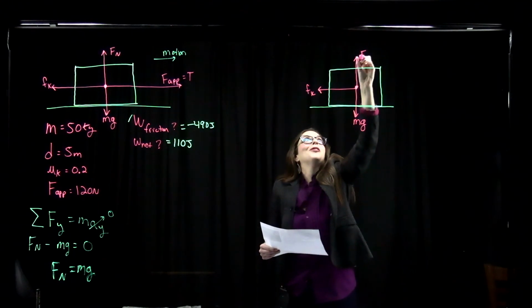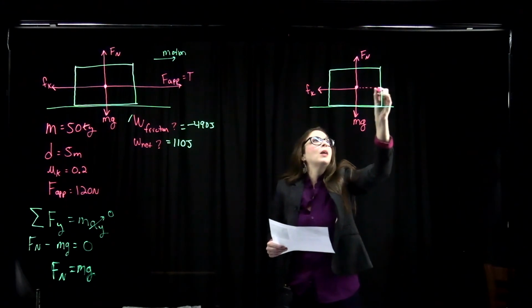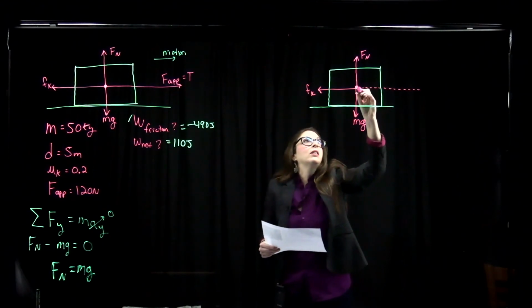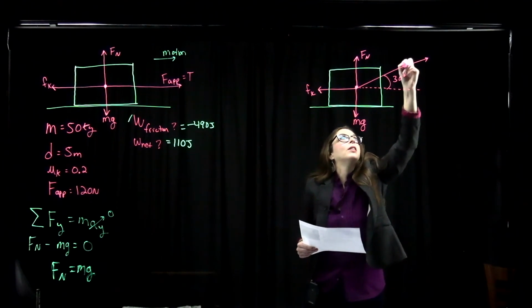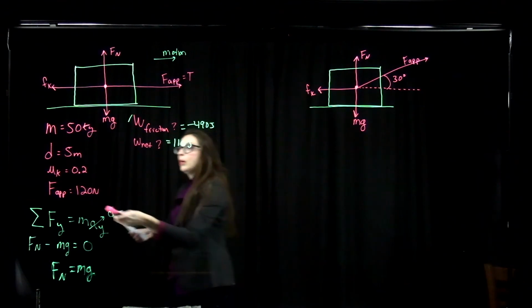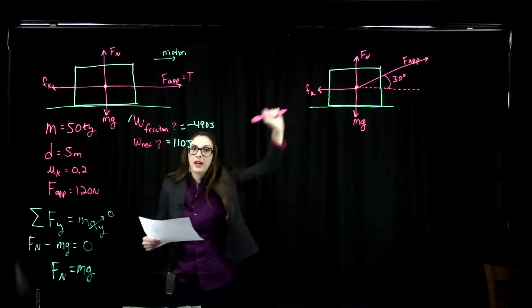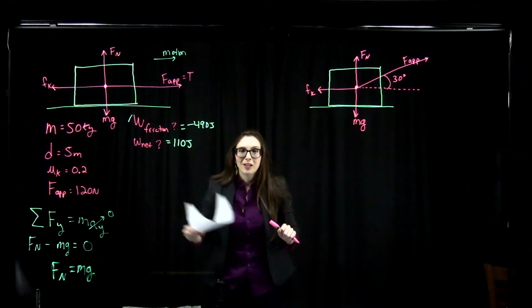We've got our normal force pointing upward from the surface. And this time, we're pulling at an angle of 30 degrees from the horizontal. So our applied force is still equal to 120 newtons, but this time at an angle, okay? And our mass, distance, and coefficient of friction are still the same, okay?